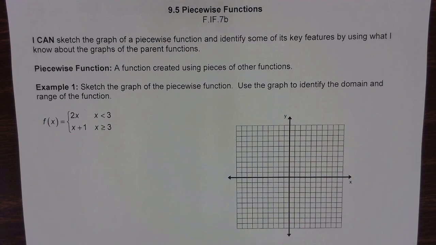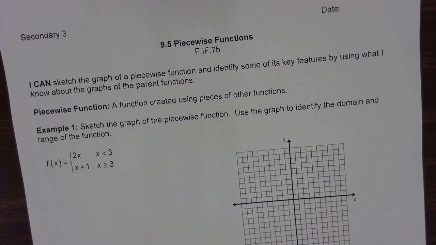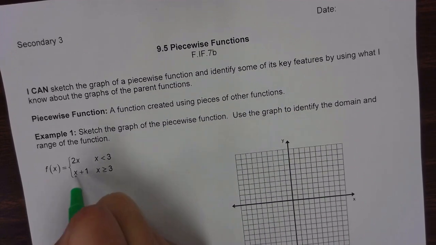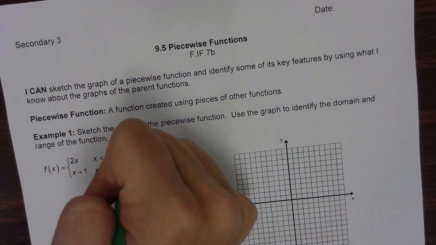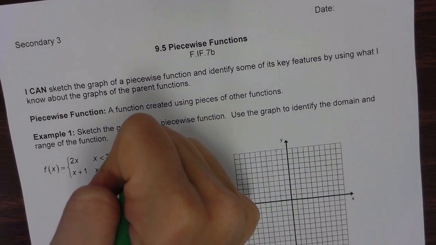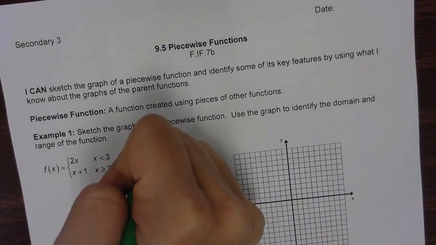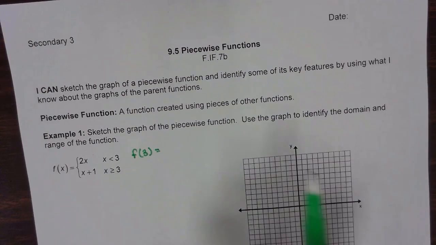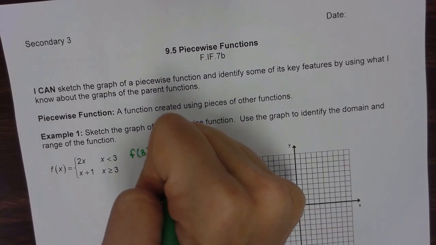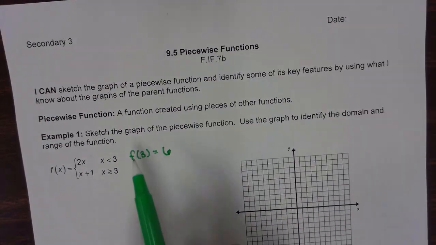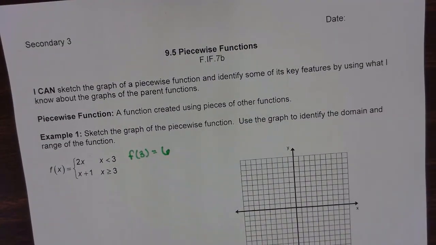So how do we graph this correctly? Well, the first thing we're going to do is make sure that we know where each of these graphs ends. So for 2x, if we plug in 3, I'm going to put f of 3. 3 times 2 is 6. So we have the coordinate (3, 6).